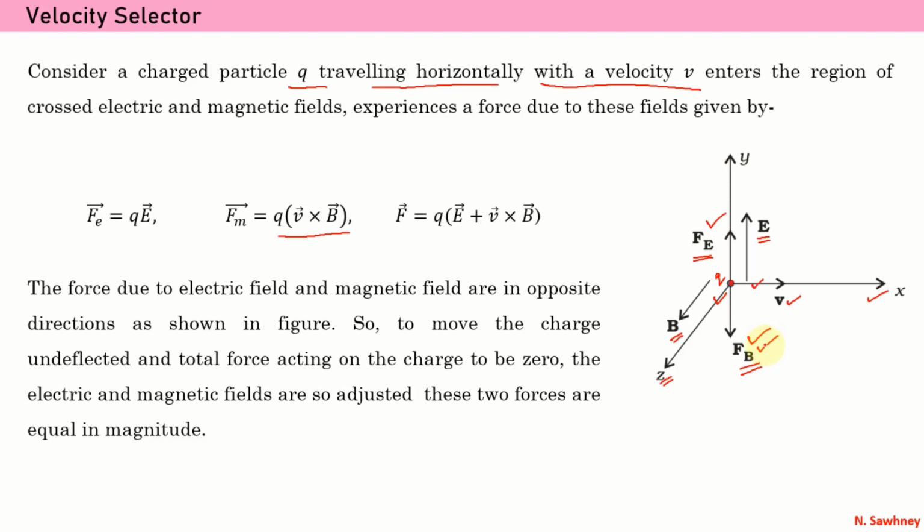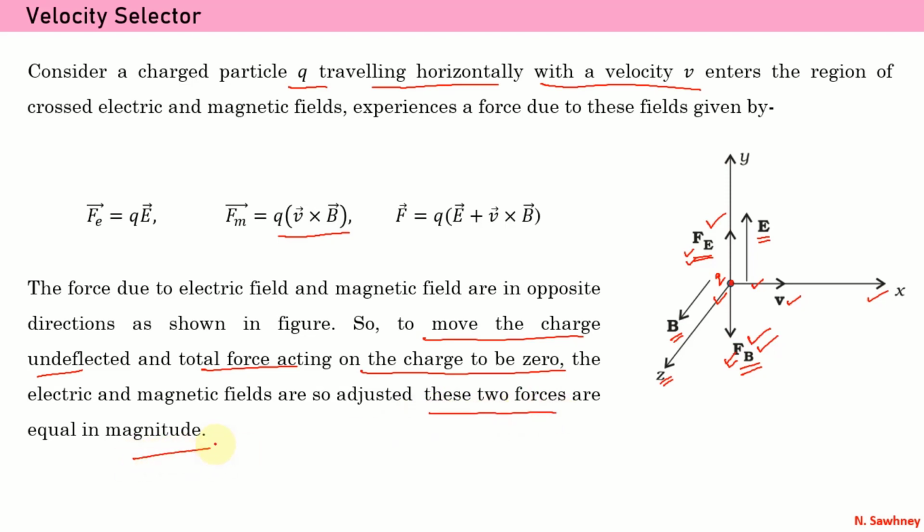So, to move the charge undeflected, the total force acting on the charge should be 0. This force will be 0 when the electric and magnetic fields are so adjusted that these two forces are equal in magnitude.